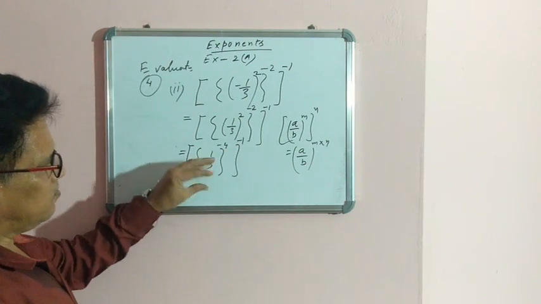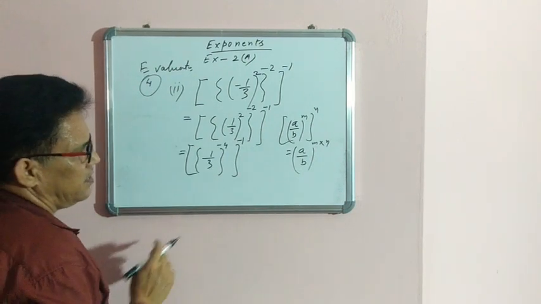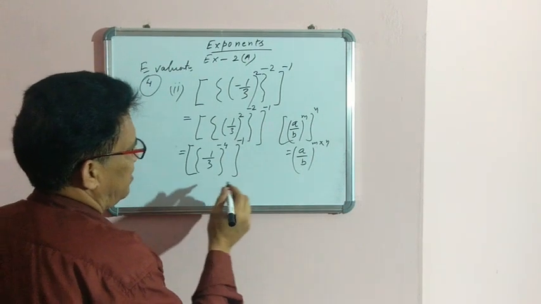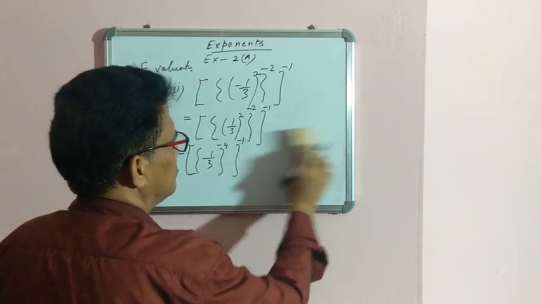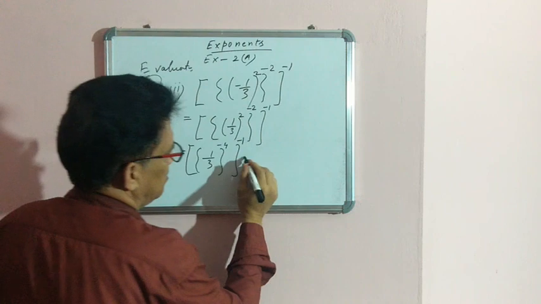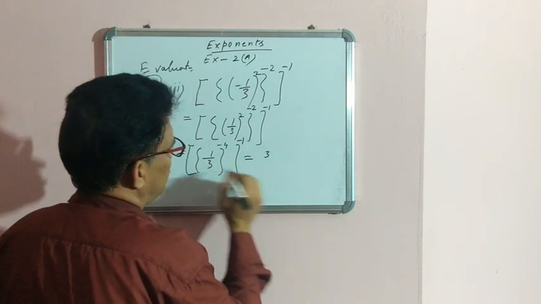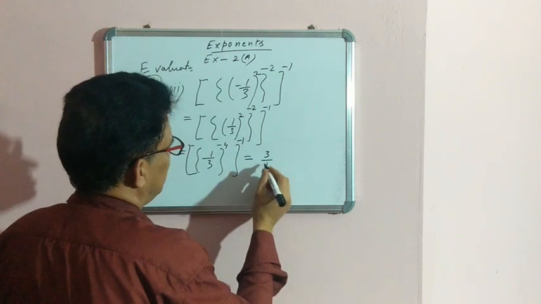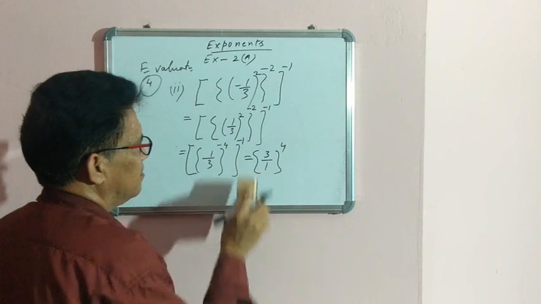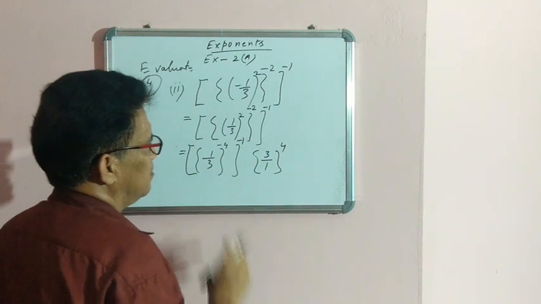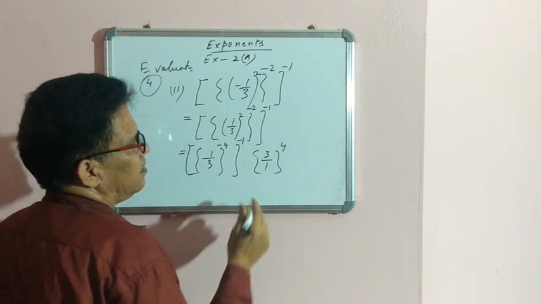You can take the reciprocal here also because the power is negative, so you can write 3 by 1 power 4, and the minus becomes plus because I have done the reciprocal.